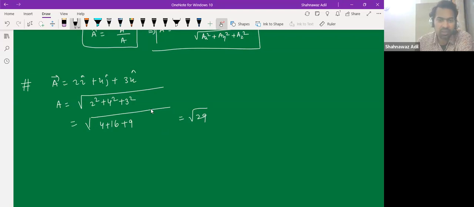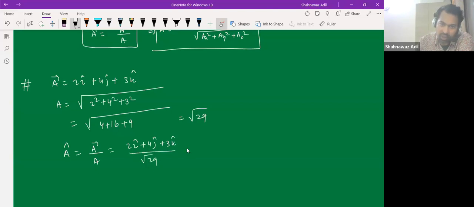So this would be the magnitude of this vector. To calculate the direction, we have to divide this vector by its magnitude. So (2I plus 4J plus 3K) divided by root 29. So 2 by root 29, 4 by root 29, and 3 by root 29. So this would be the direction, right?